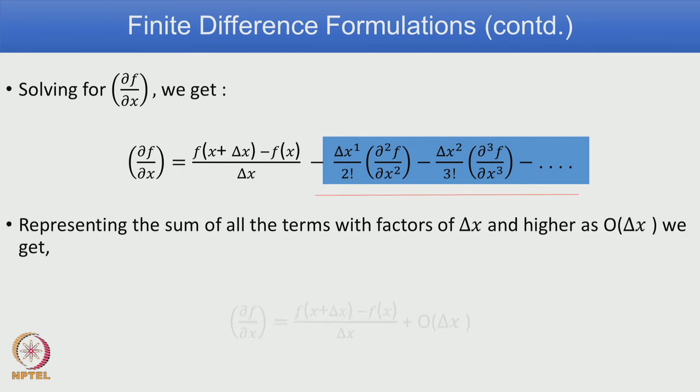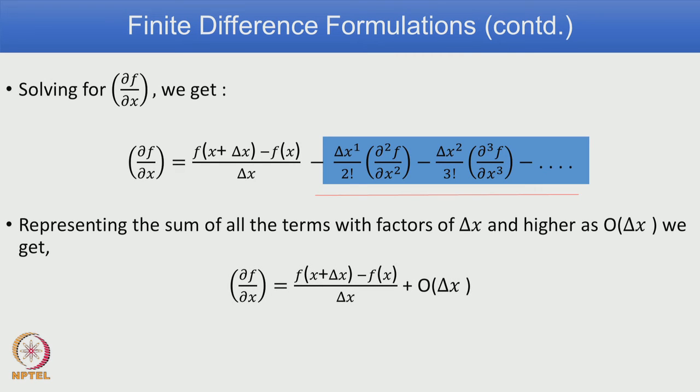So, representing the sum of all the terms with the factor of delta x and higher, we get dou f by dou x equal to f of x plus delta x minus f of x by delta x, and the remaining terms, shown in this highlighted portion, are not considered, and delta x is the leading term and that is of order delta x.